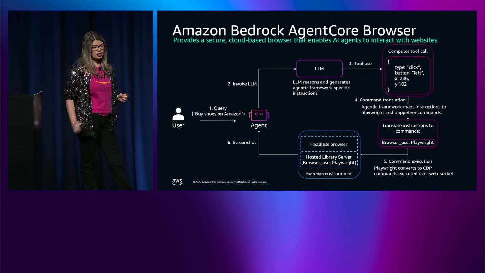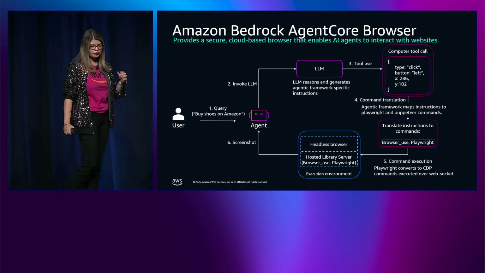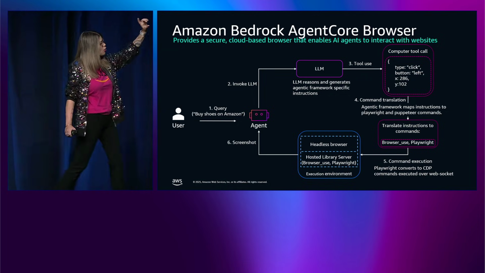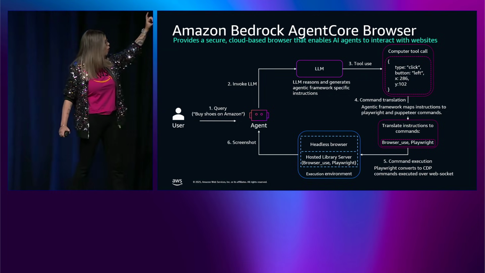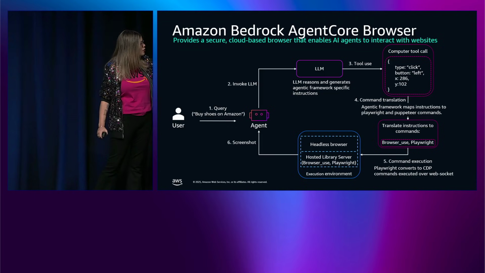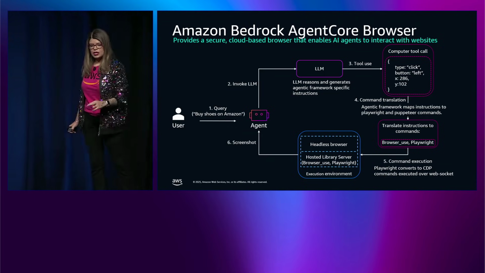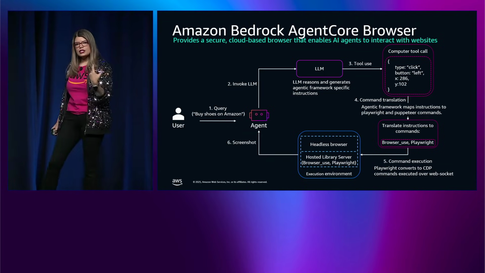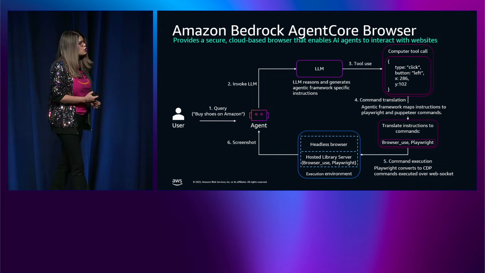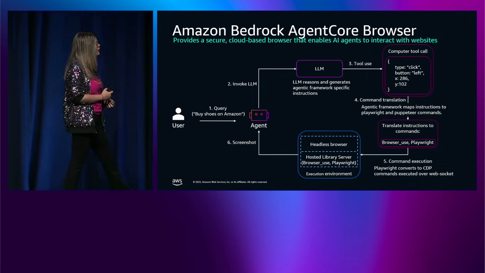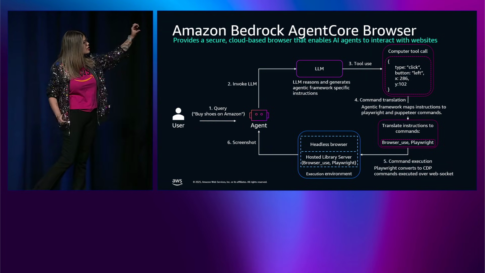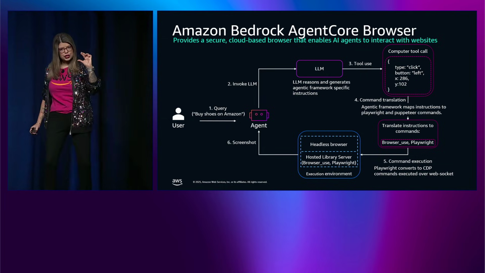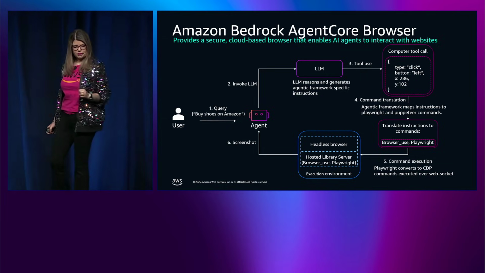So here in this case, the LLM will not manipulate the object. The object will be passed like a document, so in a computer tool call, it will be translated to CDP commands, and after that, it will execute in this headless browser. So here we have the action to click using the left button in this specific location in the web browser.